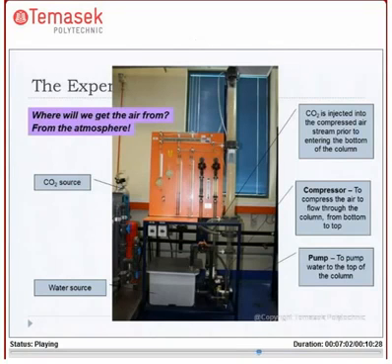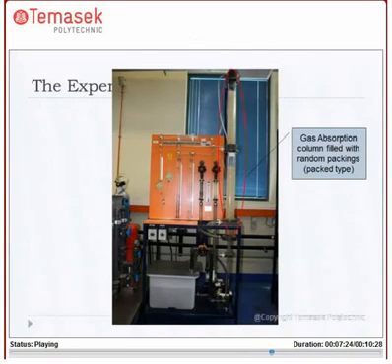Other than the gas absorption column, we will need other equipment like a compressor and a pump. The compressor compresses the gas mixture so that it can flow up the column. The pump pumps the water to the top of the column so that the water can flow down the column. Note also other parts of the equipment.